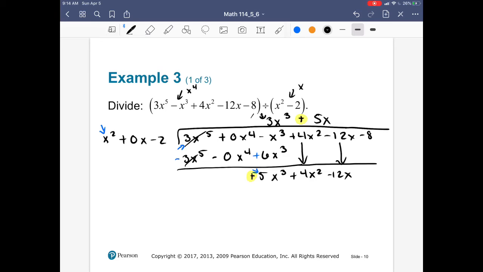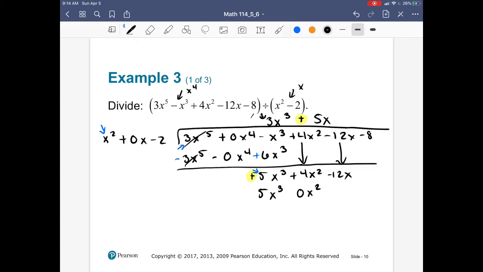So let's distribute 5x times x squared is 5x cubed. 5x times 0x is 0x squared.